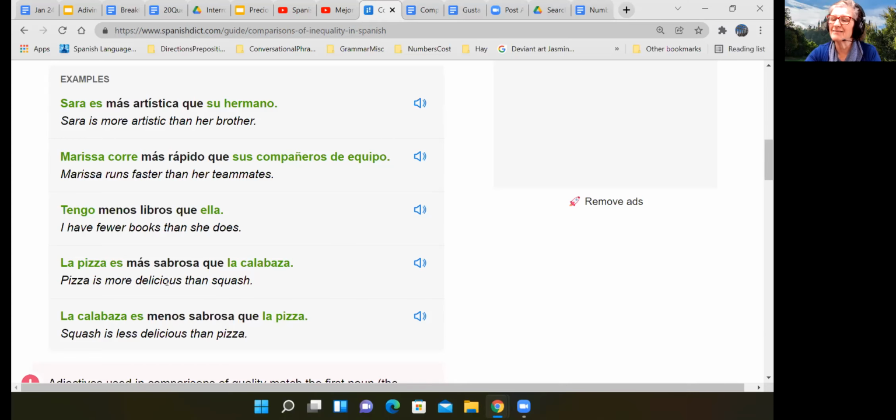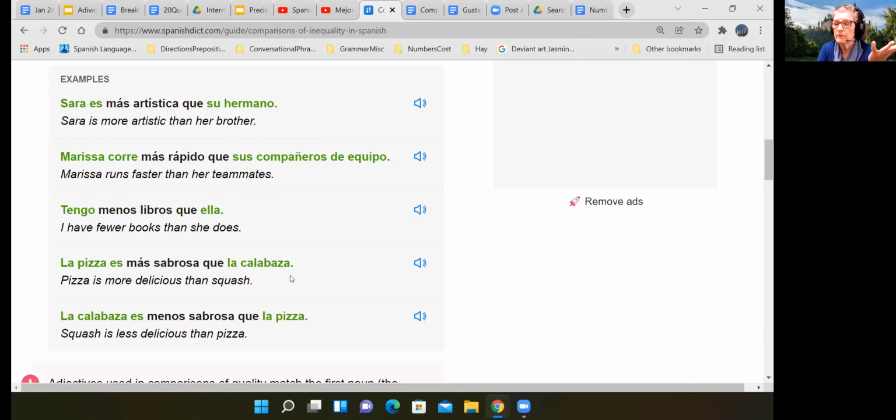La pizza es más sabrosa que la calabaza. Pizza is more yummy than squash. Well, I guess that, yeah. Oh, so we also get the idea here when we compare things, it may be totally subjective or it may be factual.